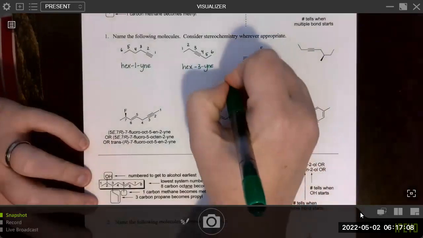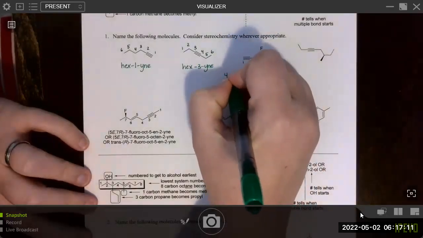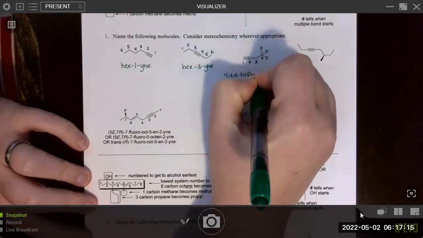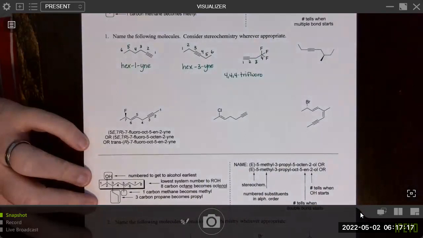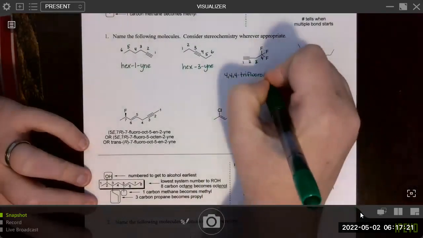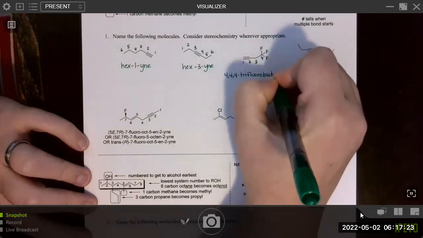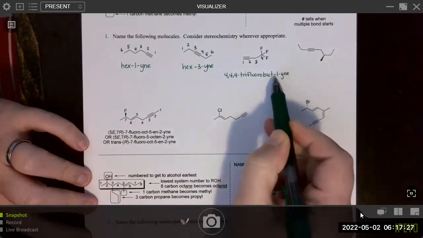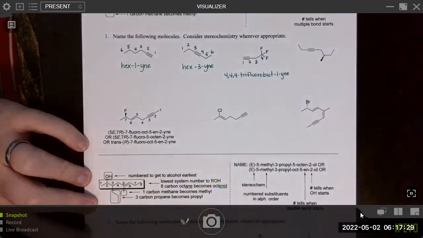This becomes 4,4,4-trifluoro. And then this is 4 carbons, so it's a butyne or a but-1-yne. Now, sometimes the 1 is left off, and if there is no number, it's implied that it's a number 1. But I think it's always more clear to just go ahead and add it.